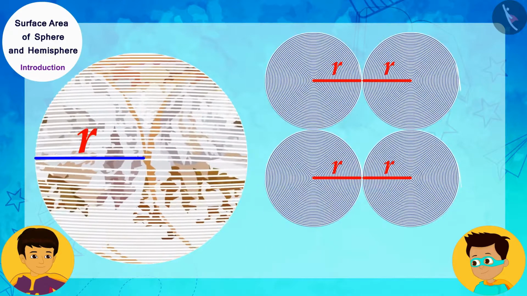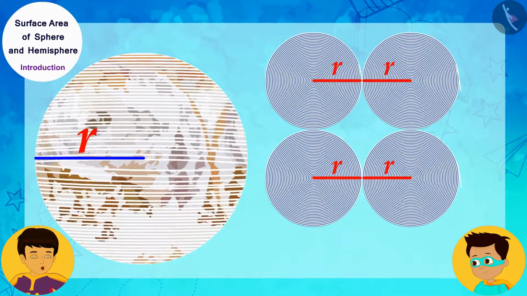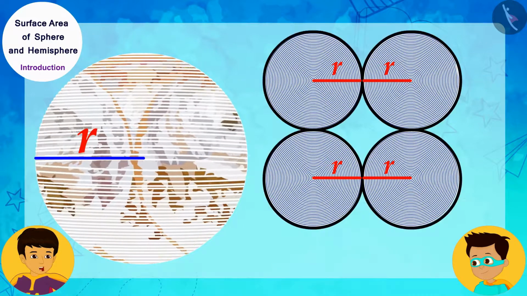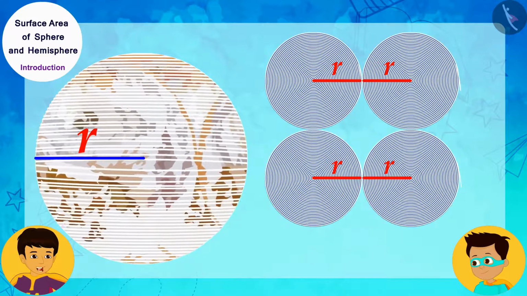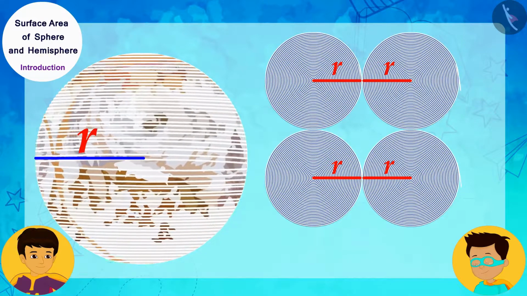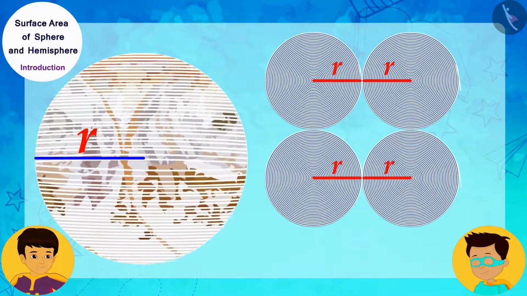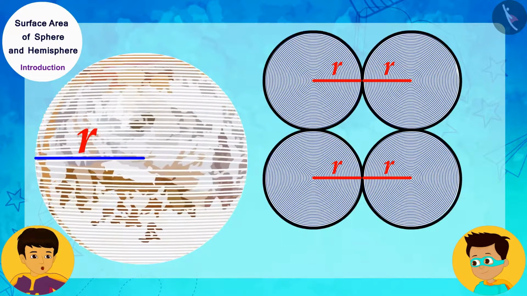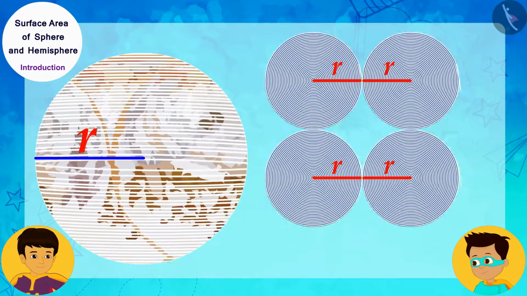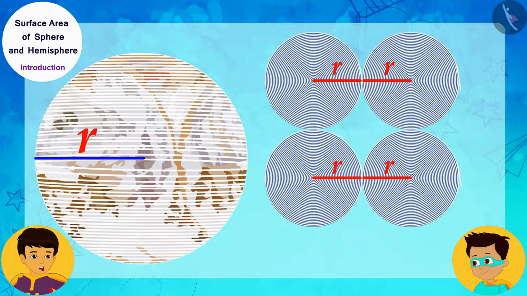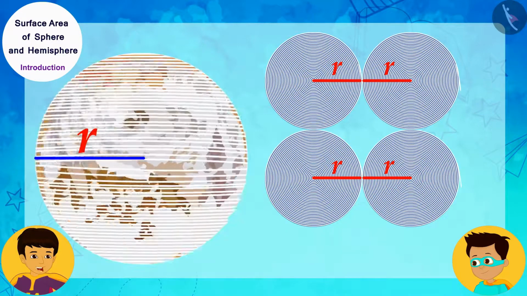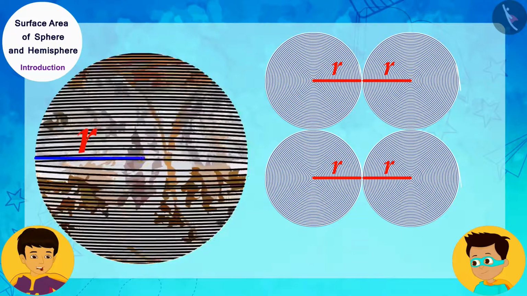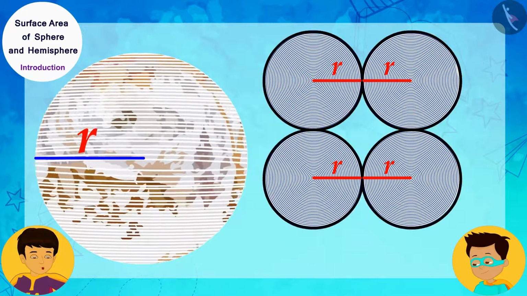Now on a paper, if we make 4 circles with radius r of the sphere in this way and fill the circles by placing the string we had wrapped the spherical sweet with one by one, then we will find that the string which completely covered the surface of the sphere is now filling the surfaces of 4 circles with same radius as that of the sphere.